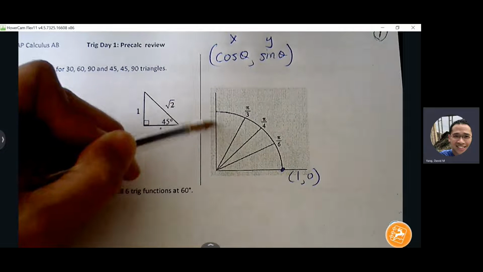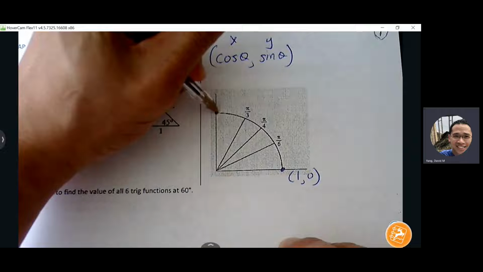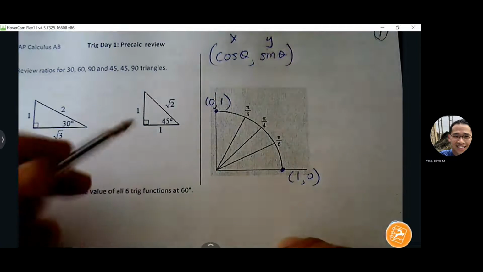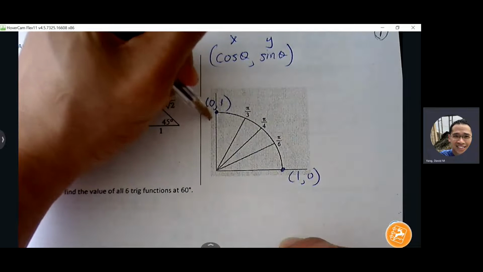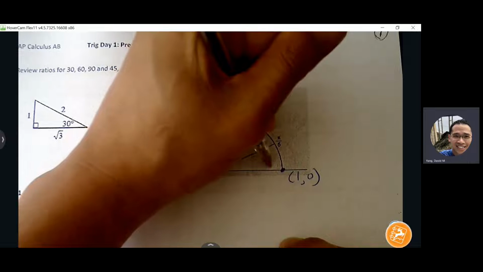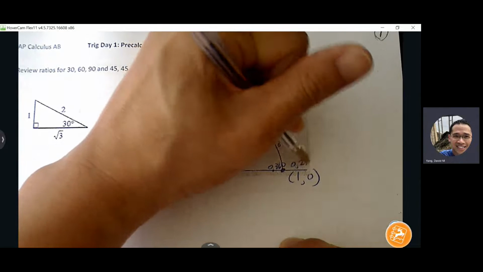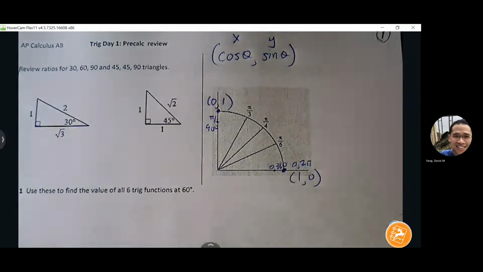If I go up 1 unit, that's also 1 unit away, and that is ordered pair (0, 1). So this is pi over 2 or 90 degrees. This is 0 degrees or 360 degrees, or you can say 0 or 2 pi.